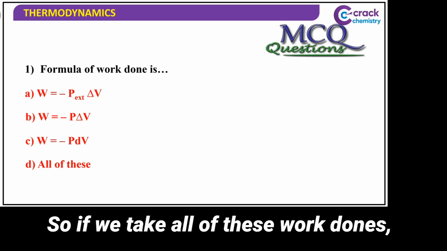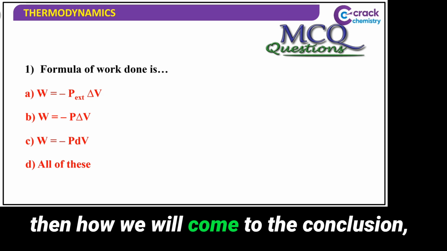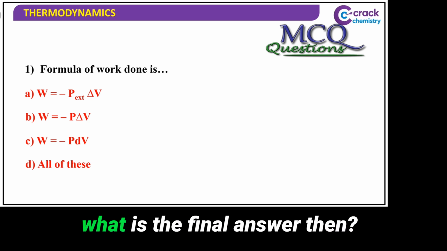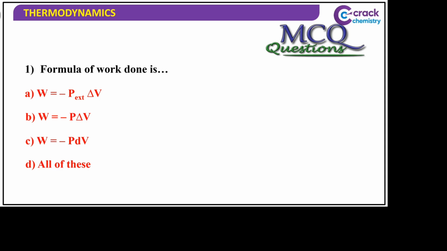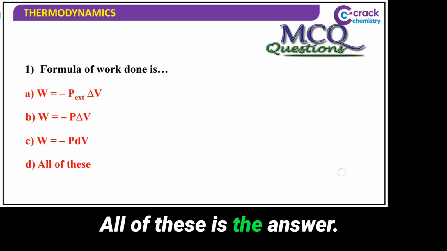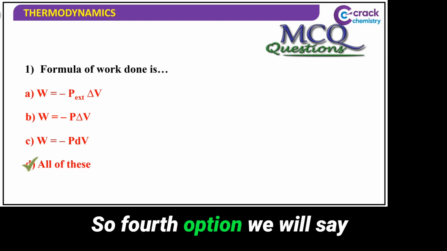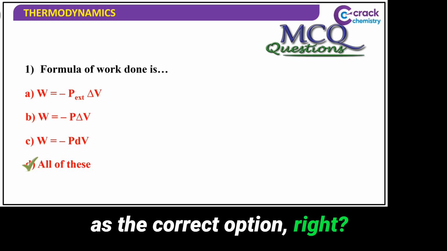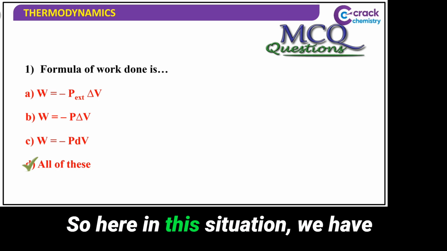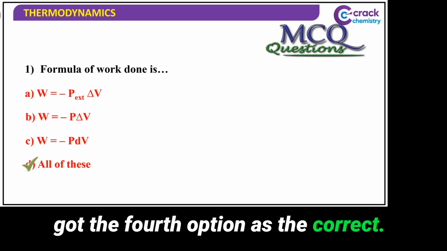So if we take all of these work dones, how will we come to the conclusion? What is the final answer then? All of these are correct. So the fourth option we will say is the correct option, right?